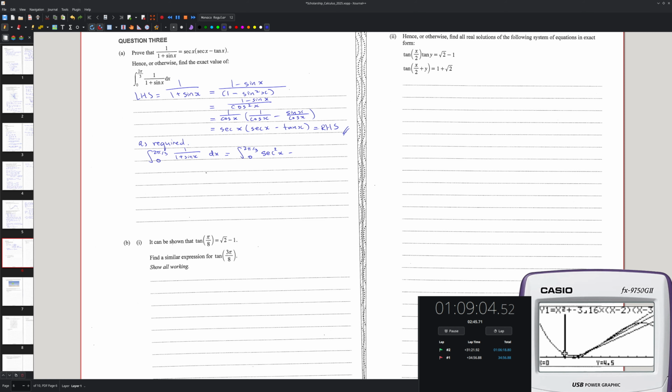Wait, integral of sec is just... Bro, do you have to integrate by parts?